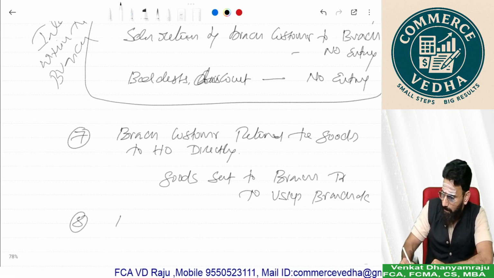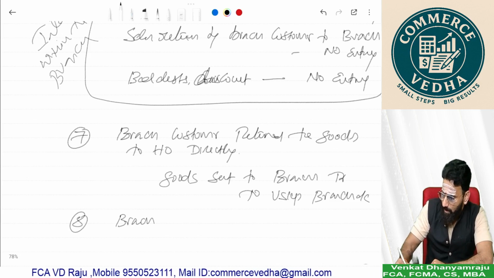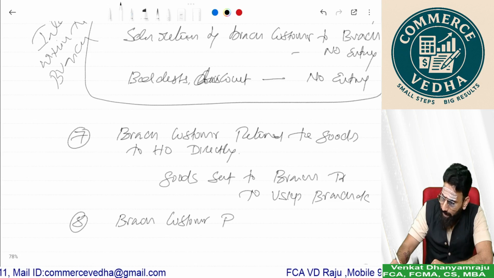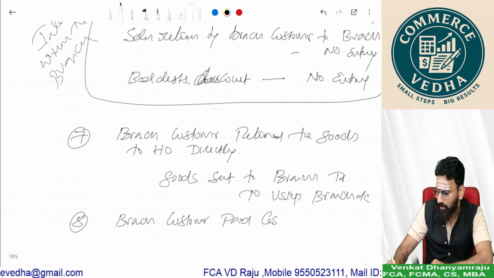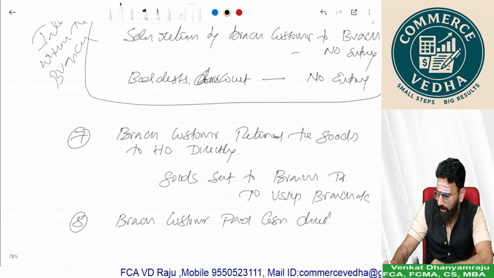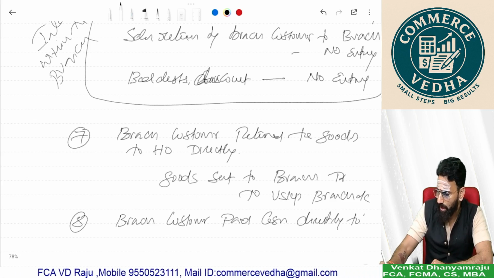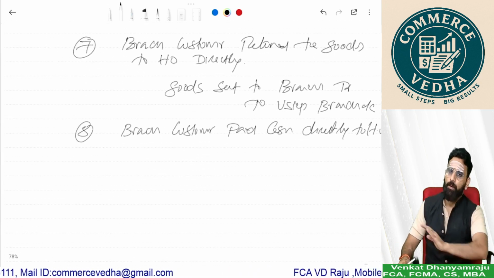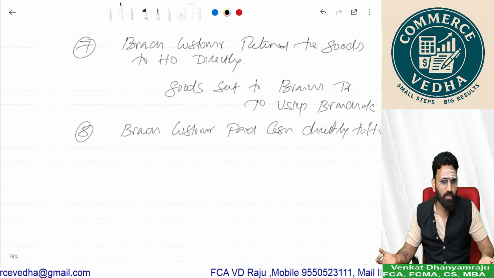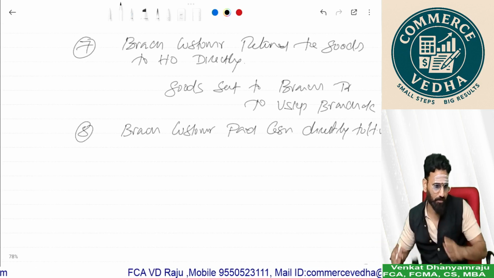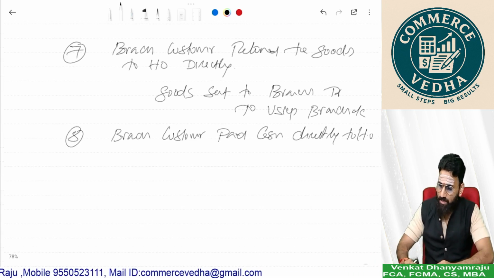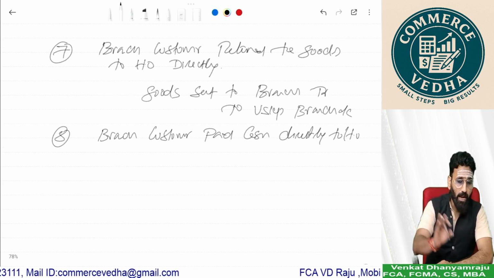Similarly, branch customer paid cash directly to head office. If customer pays to branch, no entry in the books of head office because it is between the customer and the branch. So head office has no business in it. But now the customer paid to head office directly.